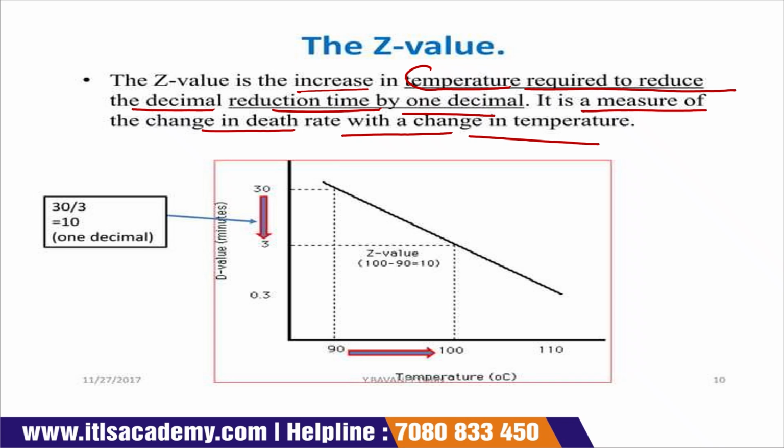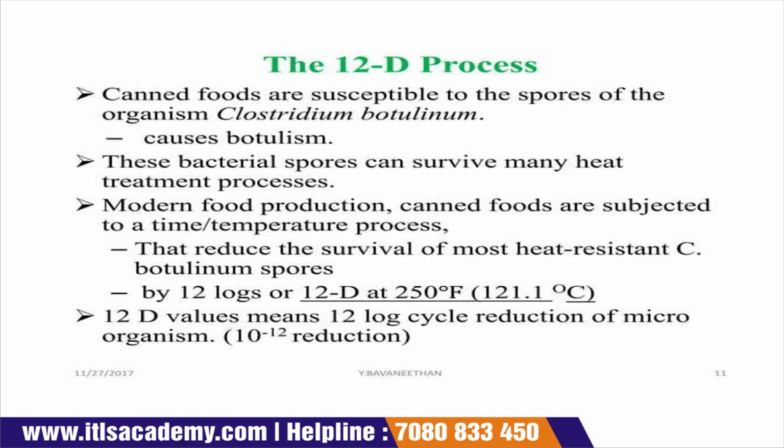That is known as the Z value. The 12D process means that we have a canned product, and these canned products are very susceptible to spore-forming microorganisms, that is Clostridium botulinum, which can grow on that canned food product.